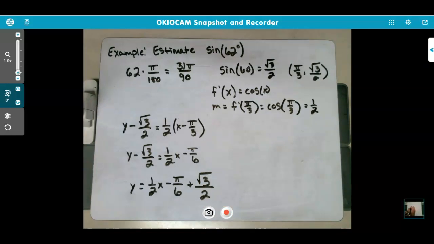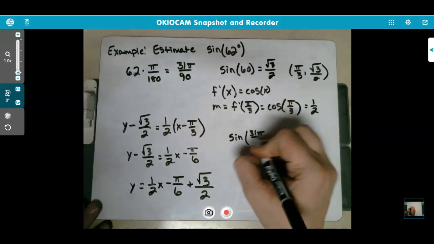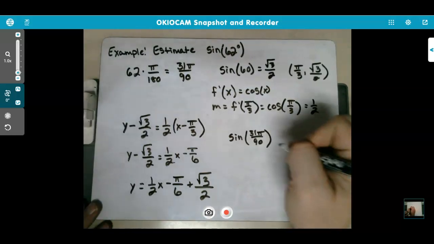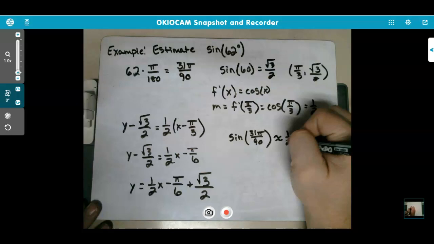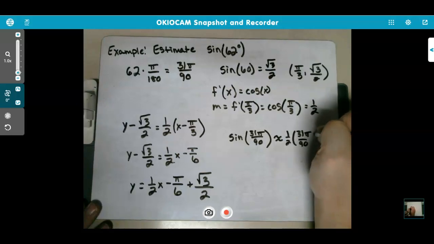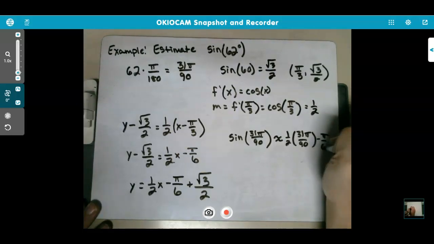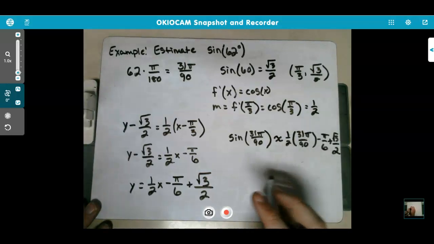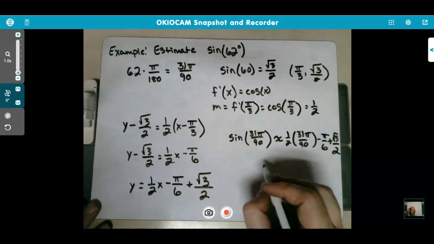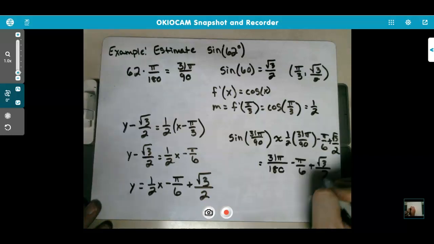So if I wanted to estimate the sine of, remember we turned it to 31 pi over 90, all we've got to do is plug that into this guy right here instead. So 1/2 times 31 pi over 90 minus pi over 6 plus square root of 3 over 2. 1/2 times 31 pi over 90 is 31 pi over 180 minus pi over 6 plus the square root of 3 over 2.